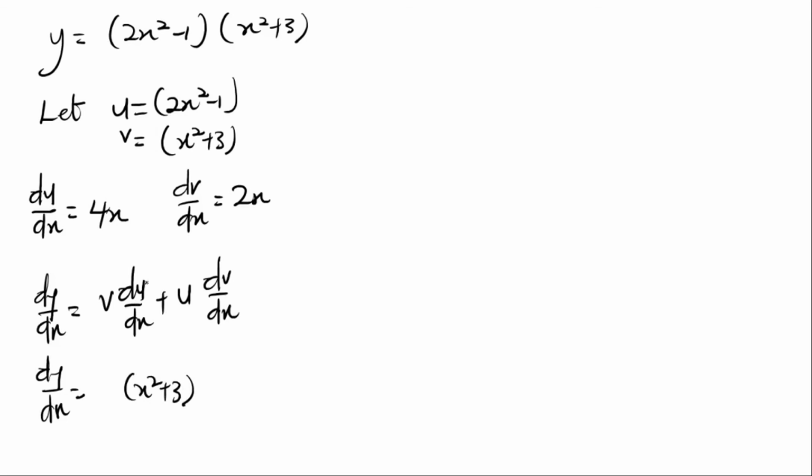Then our du/dx is 4x over here. Then plus our u is 2x squared minus 1. Then our dv/dx is 2x over here. So from here we can just expand the bracket, and then we do our addition and subtractions, and then we get our final result.